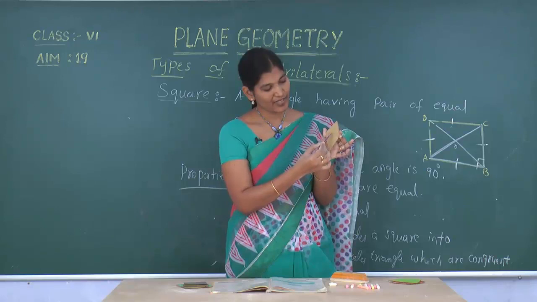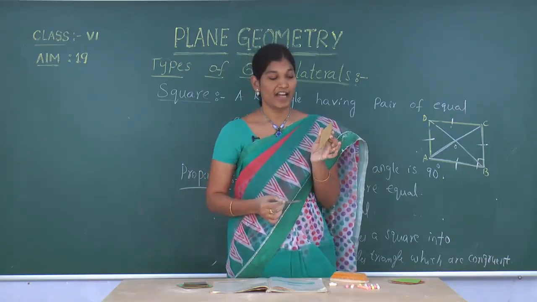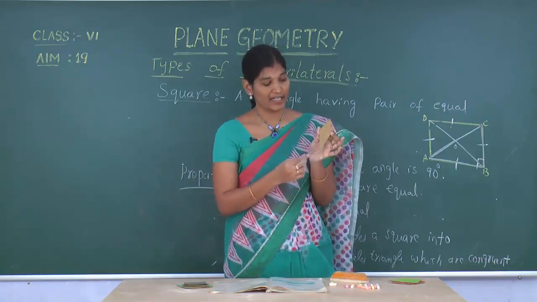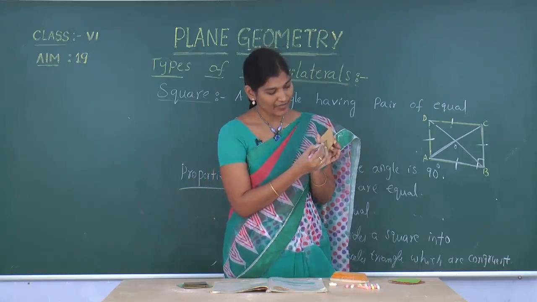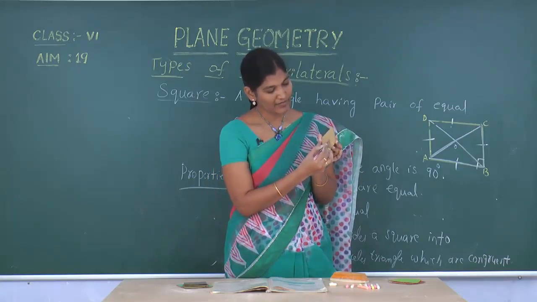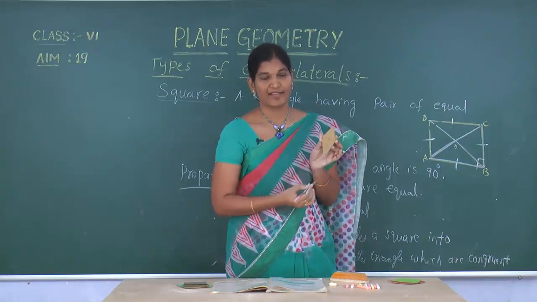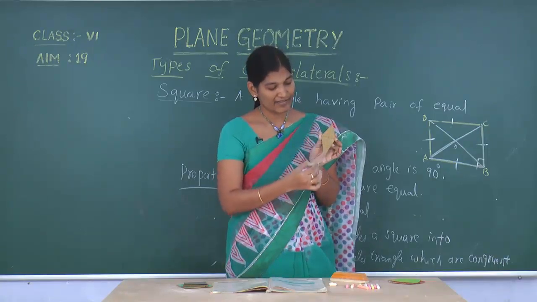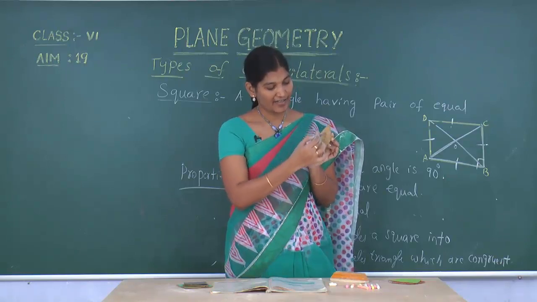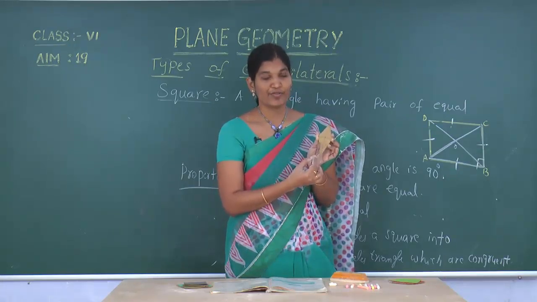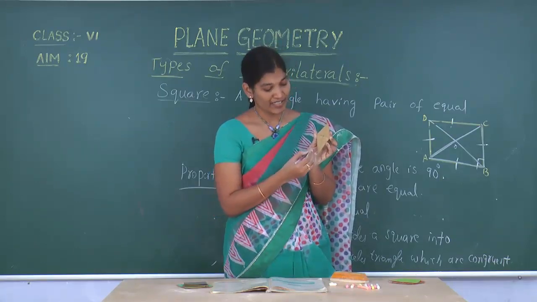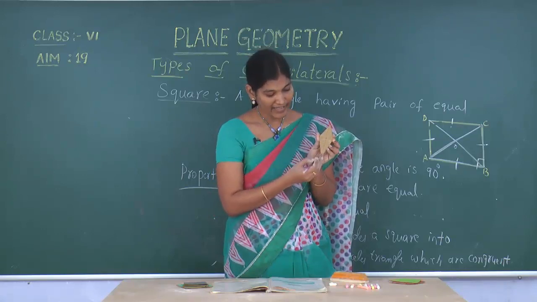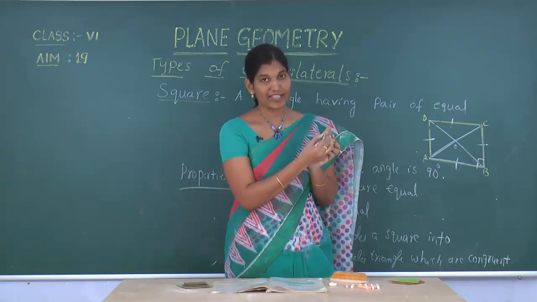Observe here, these two diagonals are perpendicular to each other, and if you cut along the diagonal, you can get this one equal to this one, and here this part equal to this part, and moreover, this diagonal divides the kite into two congruent triangles. Let me show you now. Before that, this diagonal bisects this angle and this angle.